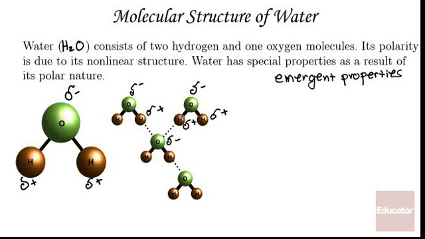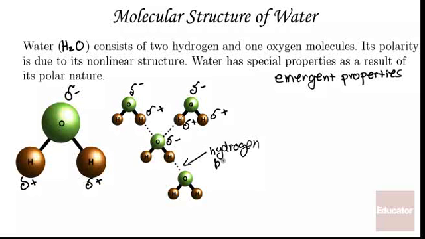Even though this hydrogen is covalently bound to this oxygen, it's also attracted to a nearby electronegative oxygen atom. And this attraction, shown by these dotted lines, is known as a hydrogen bond.